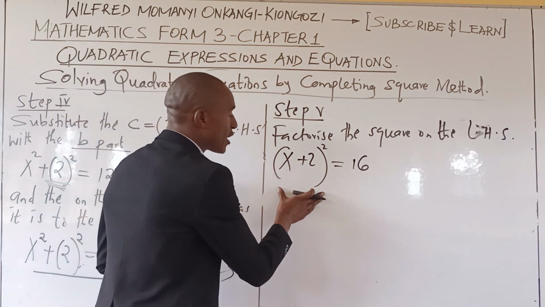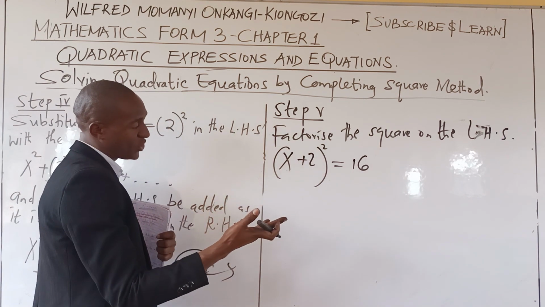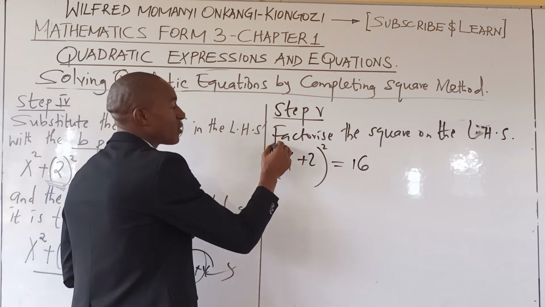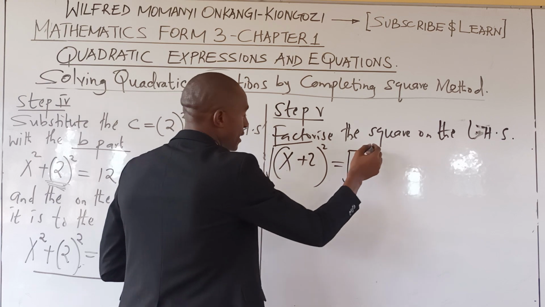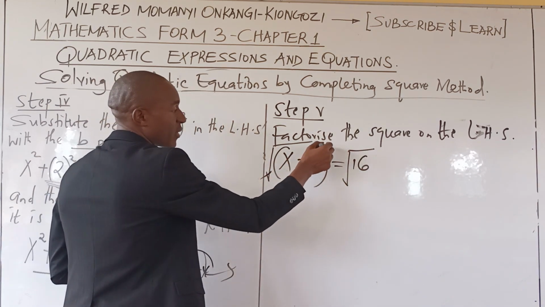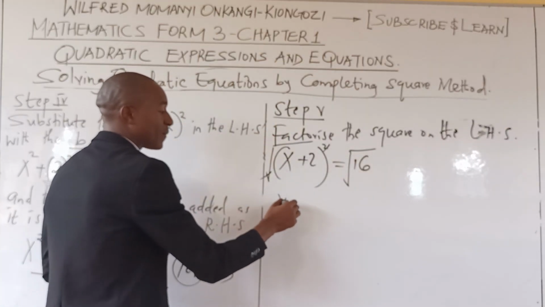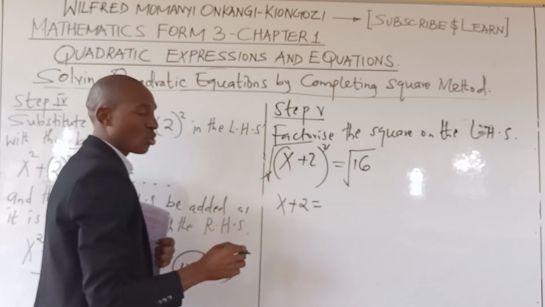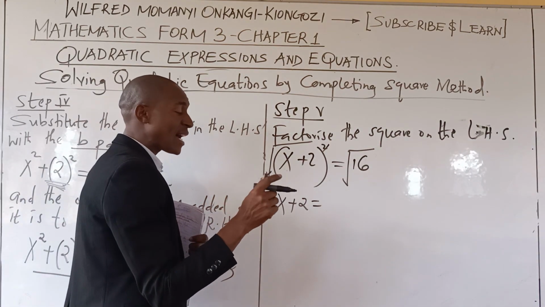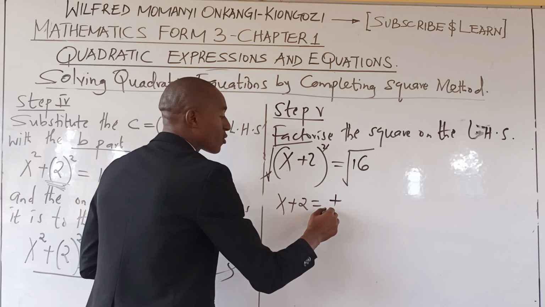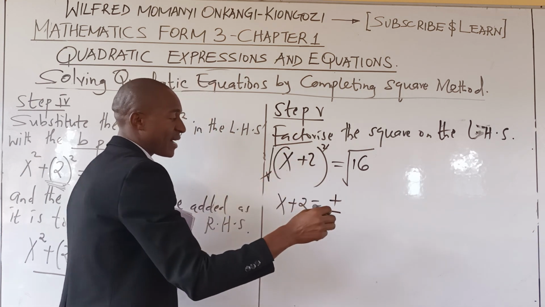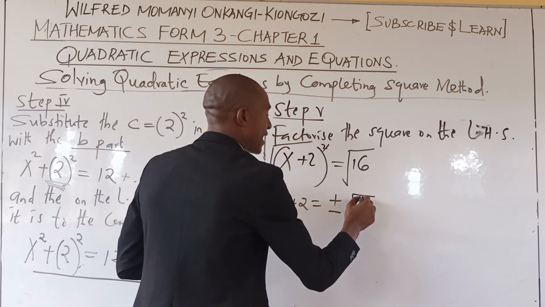Now in this case, when you want to look for the value of x, as we are finishing, you do the square root on both sides, so that this square root cancels with this square and you have x plus 2, which is equal to, we say the square root of a number is positive or negative that number. So positive or negative square root of 16.